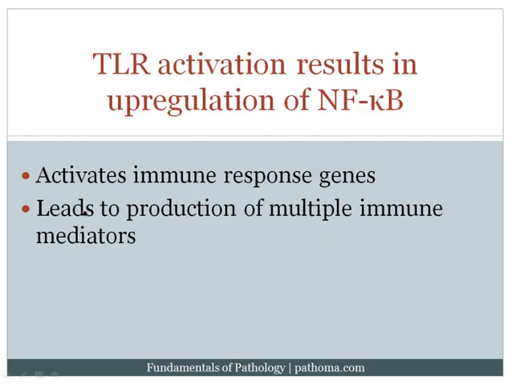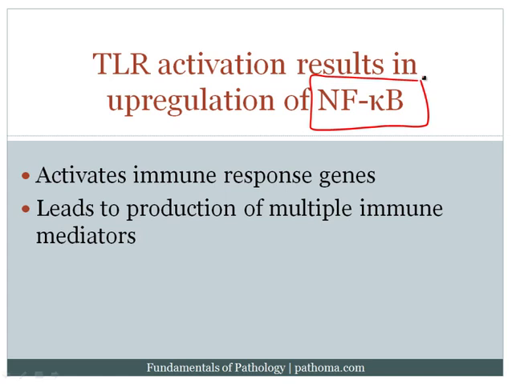Once the toll-like receptor binds its PAMP, that results in activation, and a signal is sent to the nucleus, and one of the key proteins, it's actually a transcription factor, that's upregulated is called NF-kappa B. Very high yield. NF-kappa B is sort of the molecular switch. It's the on switch.